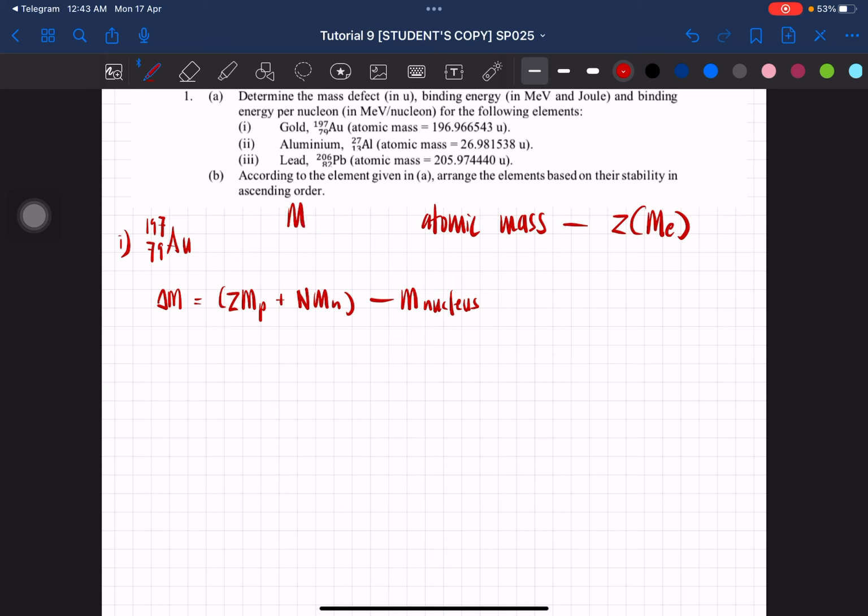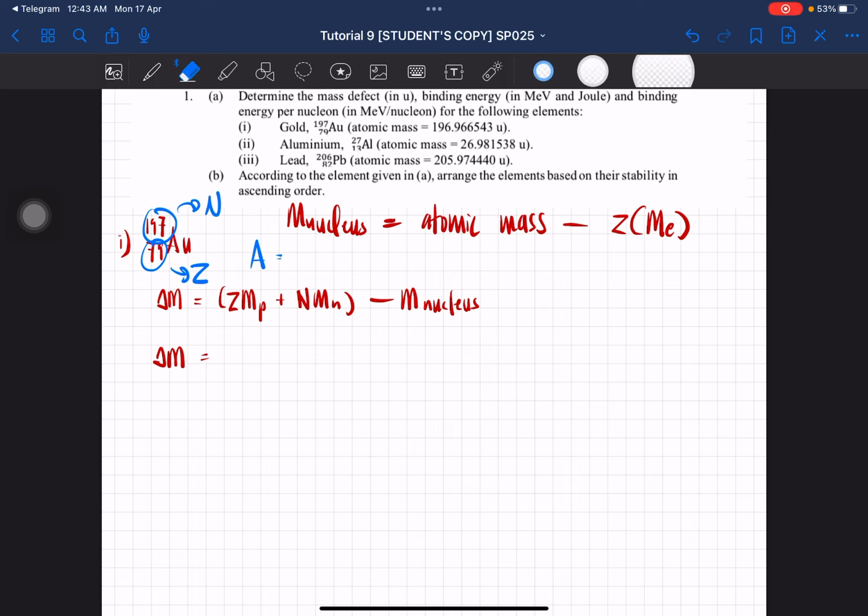Okay, so this is how we calculate the mass of nucleus. Okay, all right, so this is Z, this is A, and N is equal to A minus Z, which is equal to 118. Right, so that is that.